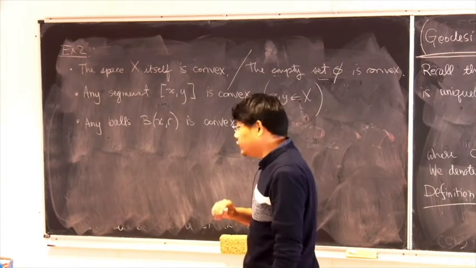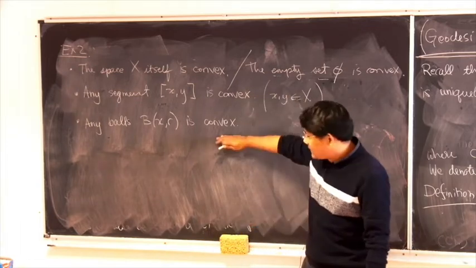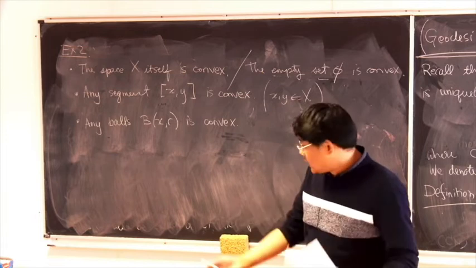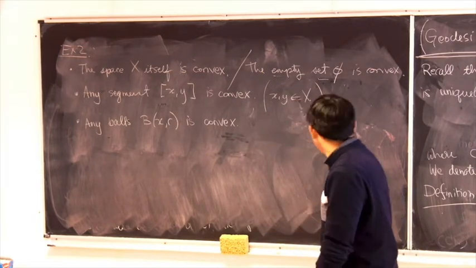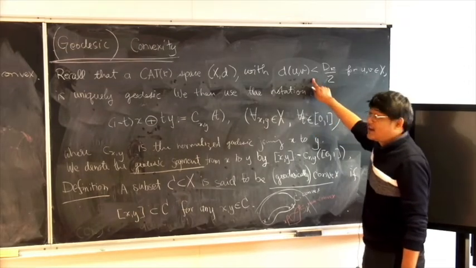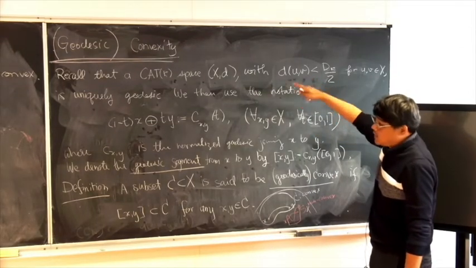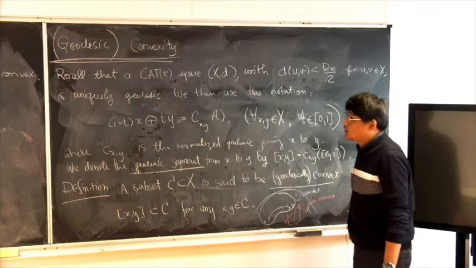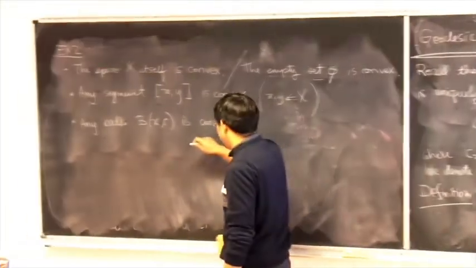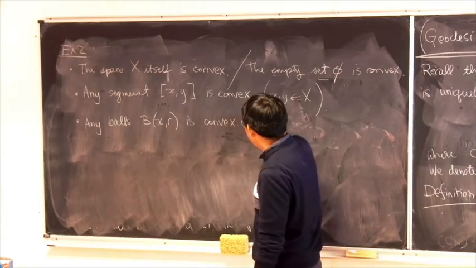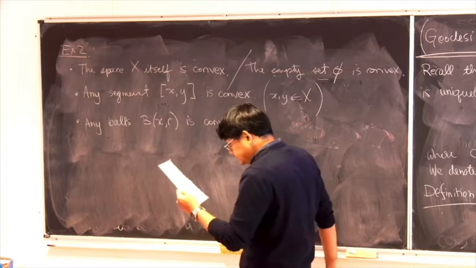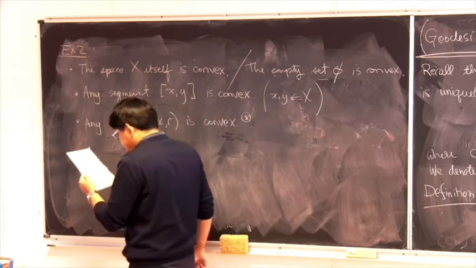But we have to note, for this example, that when kappa is positive, we have to make this assumption, otherwise we will not have that convexity. I will come back to this again, so I will mark a star here.